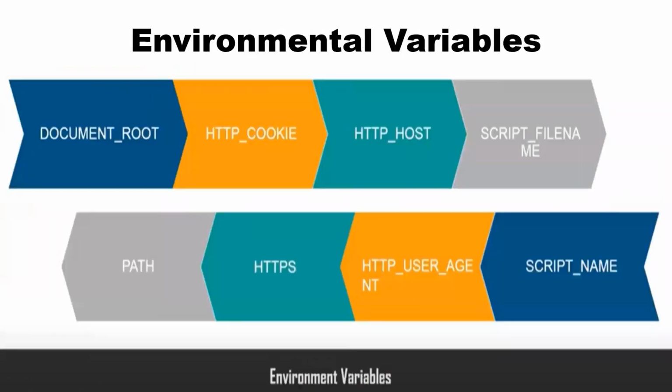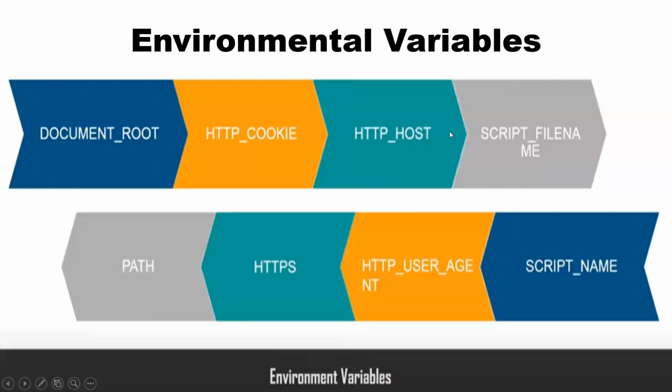Now see here, environment variables which are supported by CGI. Document root, HTTP cookie. So when you are opening any kind of web browser, it sends cookies. Some of these are security cookies. HTTP host, script file name.